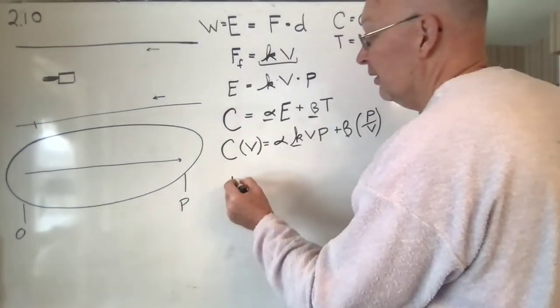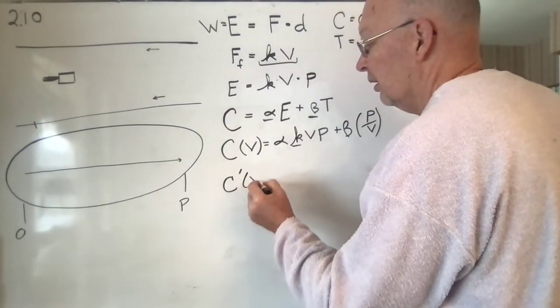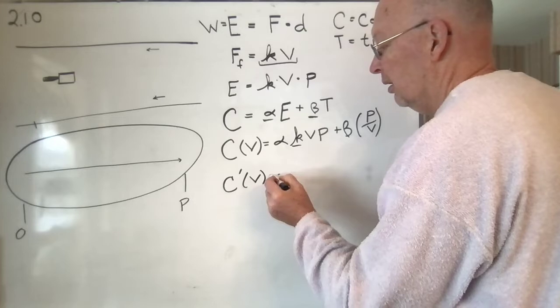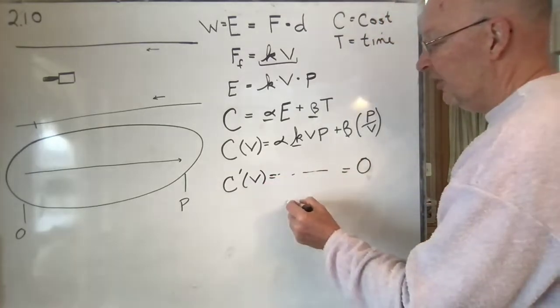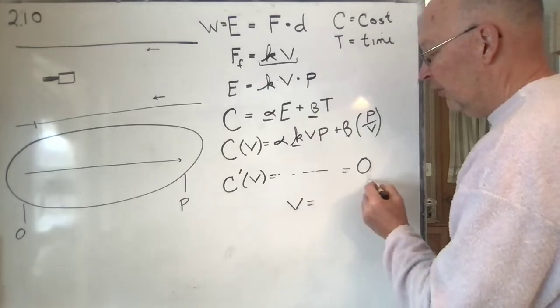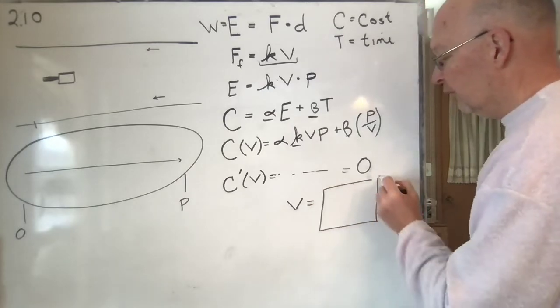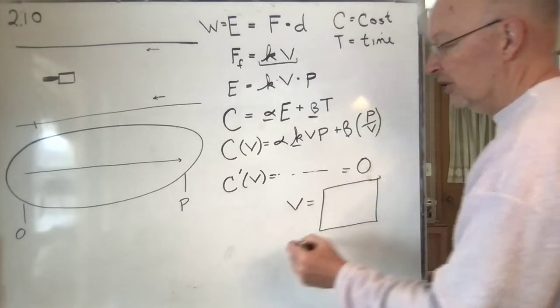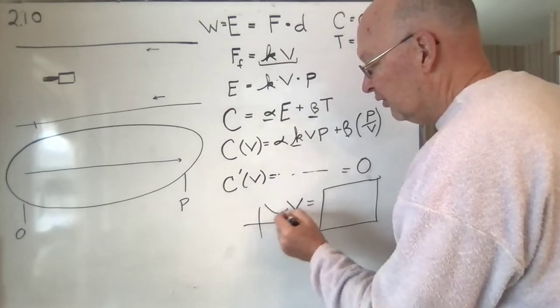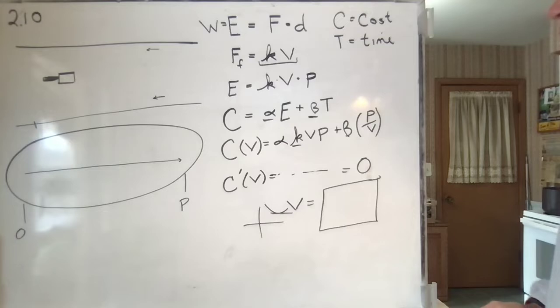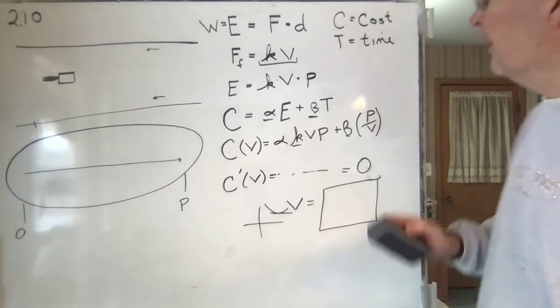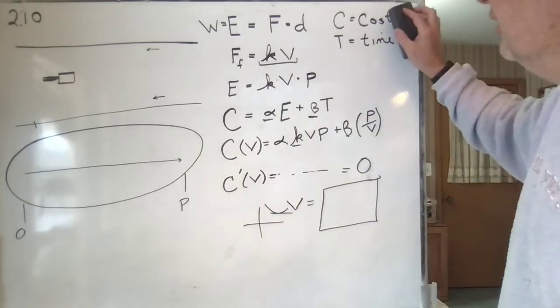Take the derivative, equals all this stuff, set it equal to 0, and then solve for v and find out what v is. What's the value of v, which gives you that minimum cost. Okay, so there's that one. Okay, so let you finish that.